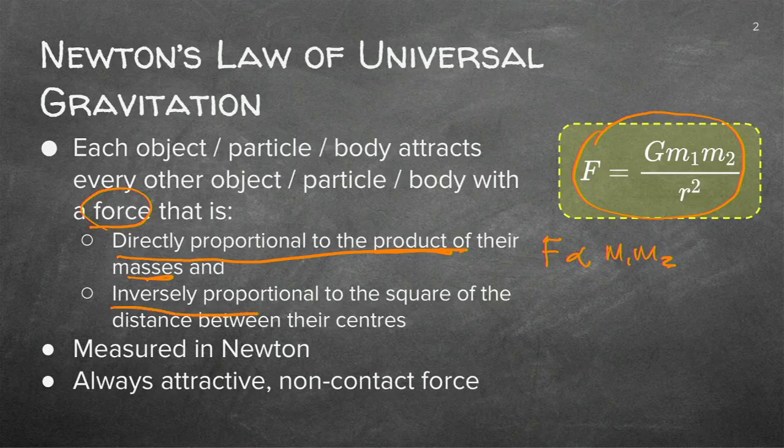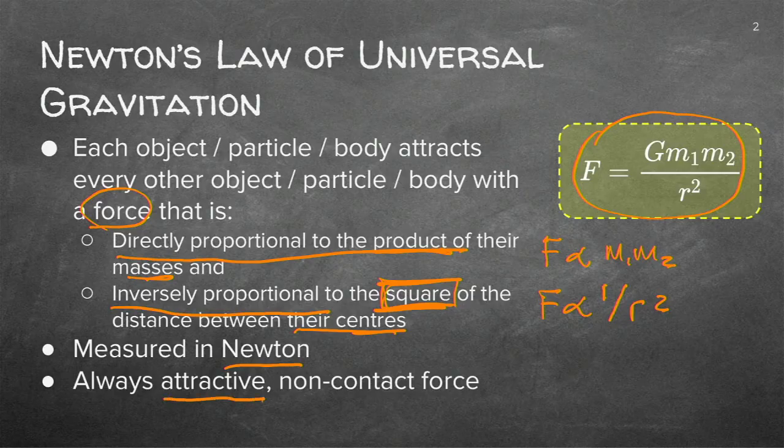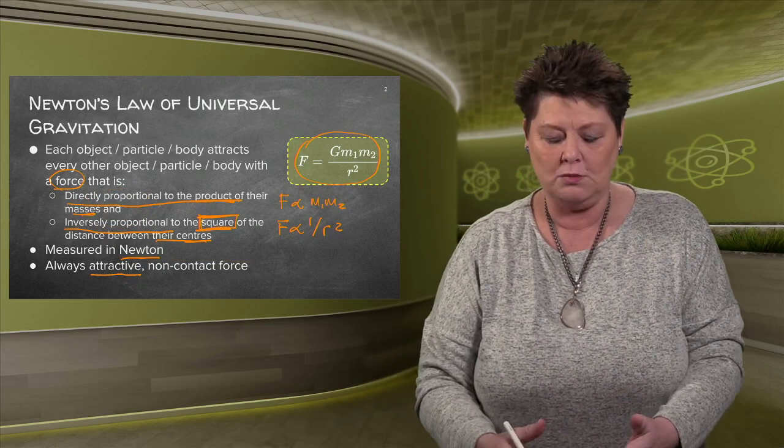It's inversely proportional to the square, I'd like to emphasize square, of the distance between their centers. So the force is inversely proportional to r squared. Please remember the square. Please remember that it's between the midpoints, the centers. It's measured in Newton. It's an attractive force, and I can now go and do calculations with that value.